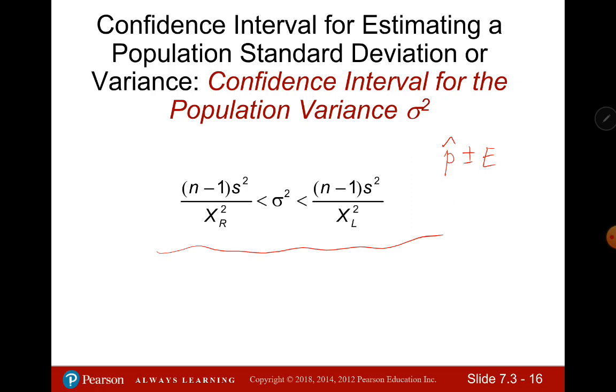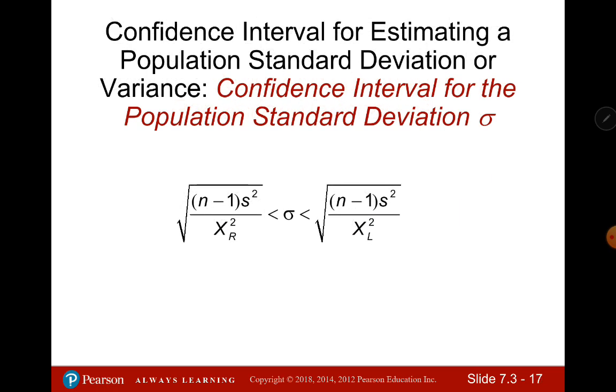For mu, x bar plus minus margin of error. But for the variance, you check here, it's not the same format. Remember, we have to find two critical values. And you will find that the right critical value goes to the left, and the left critical value will be the denominator of the right side. So that's for the variance.